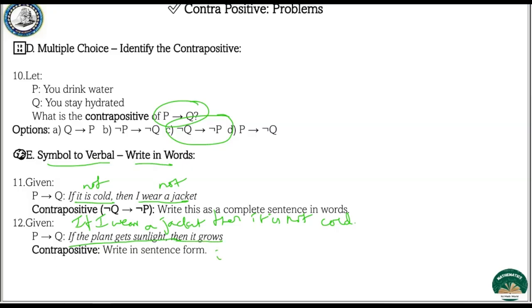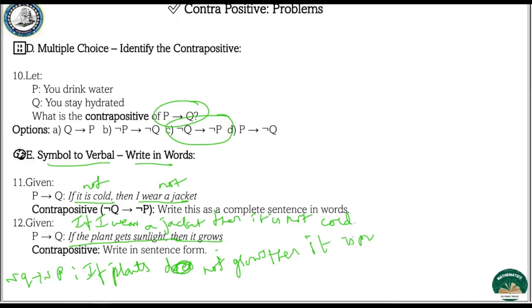The contrapositive is negation Q implies negation P: if the plant does not grow, then it is not getting sunlight.